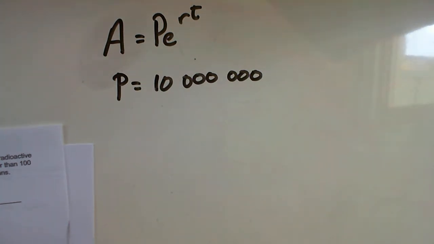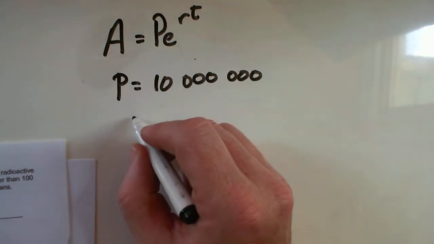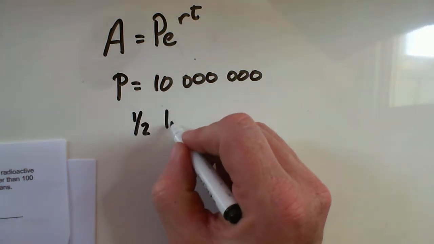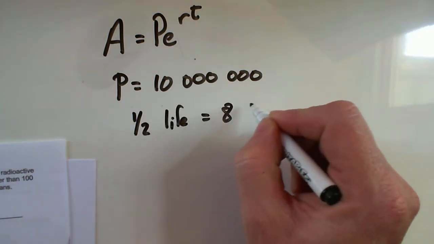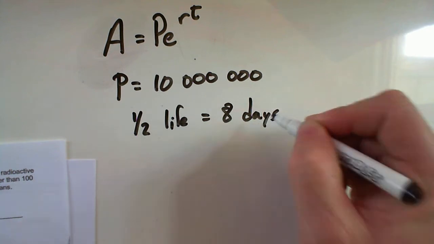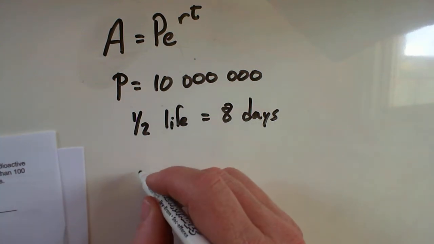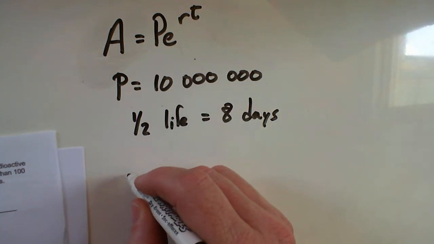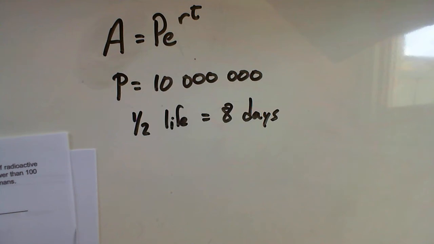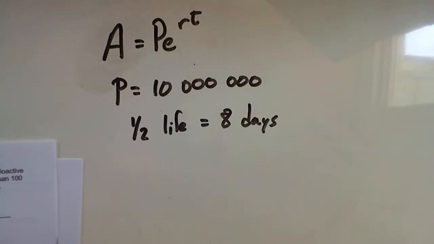The half-life is 8 days. Not until fewer than 100 gallons remain will it be considered safe. So the question is, when will A be less than 100? We'll get to that. Let's make our formula first.